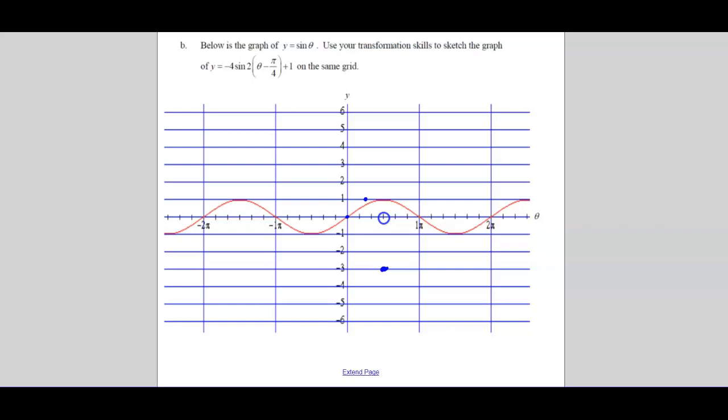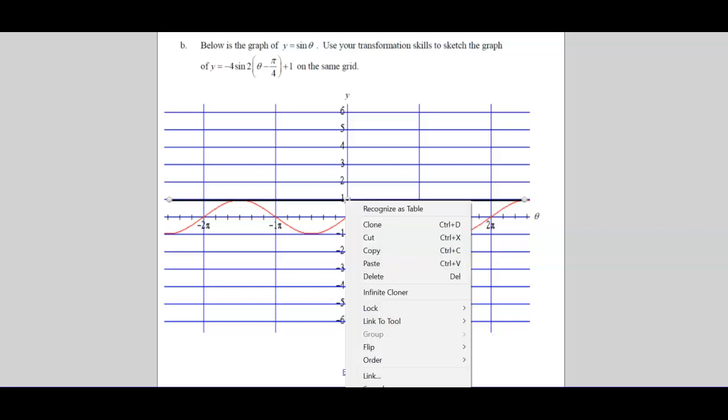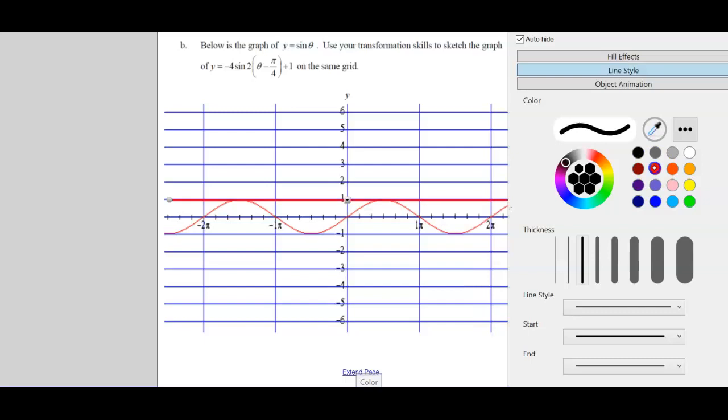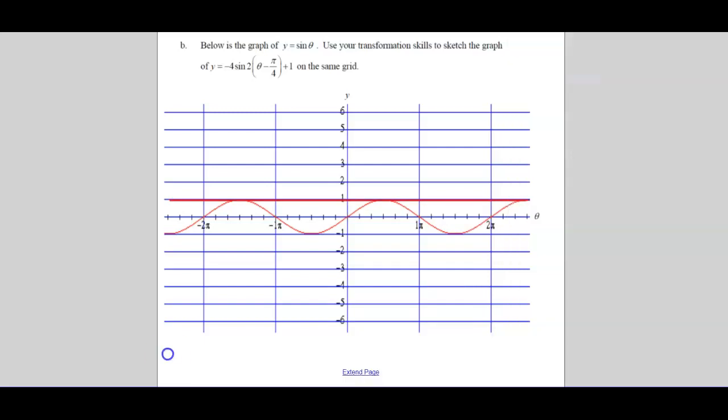We want to graph the midline. So I'm going to erase those and kind of remember where they are. I'm going to graph my midline, which is now at y equals 1. Maybe I'll change it to red so you can see it better.